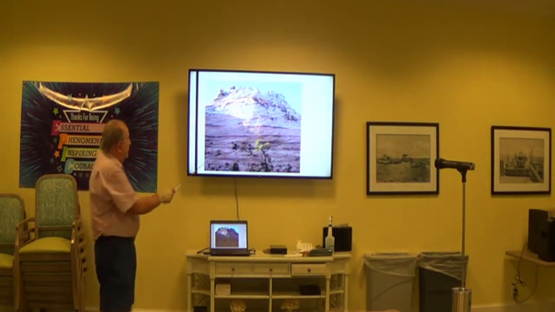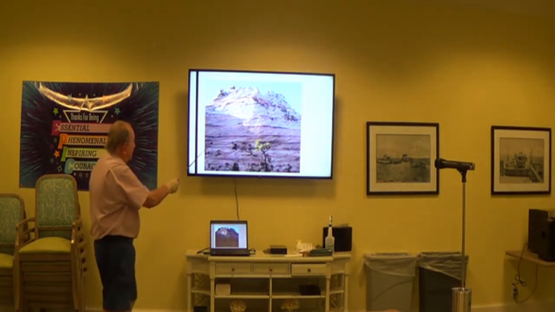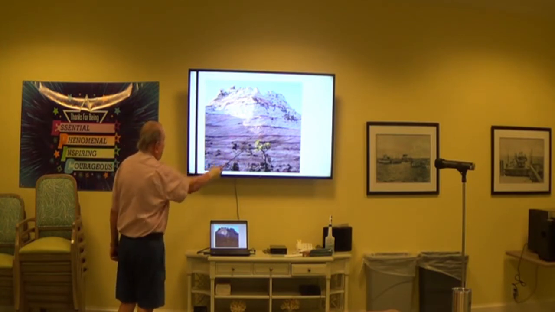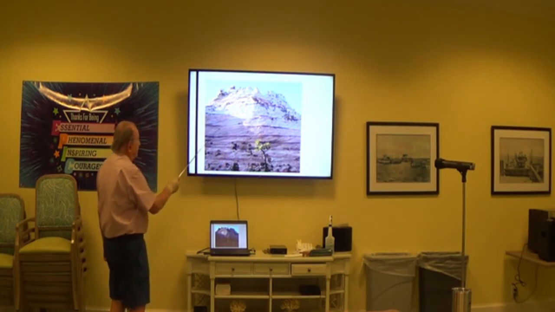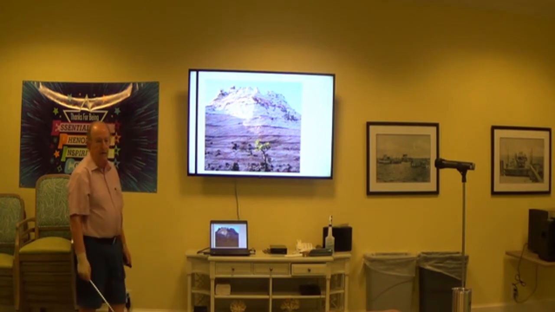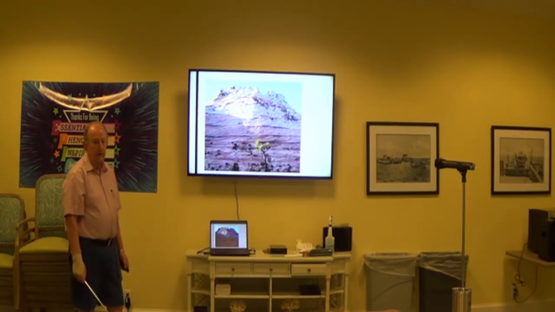Well, here's a good example of what they call a cross-bedded sandstone. The individual strata are marked by these thin red beds, but in between you can see these striations. These are sands that were deposited in a very rapidly flowing water environment, probably a river or a series of rivers wandering across the delta.